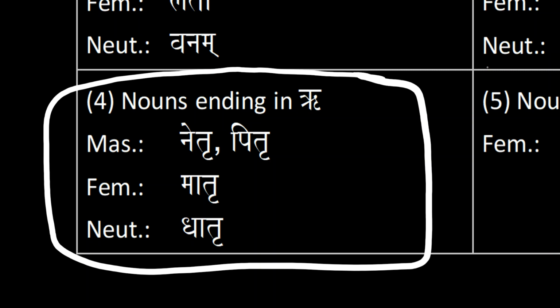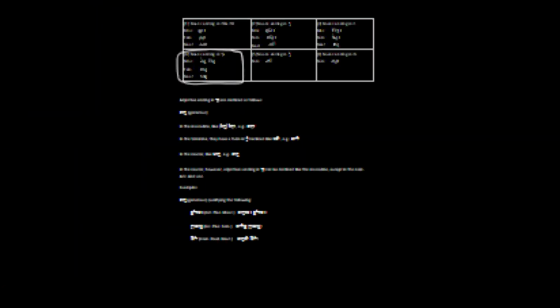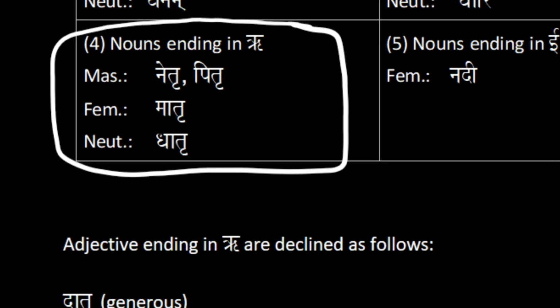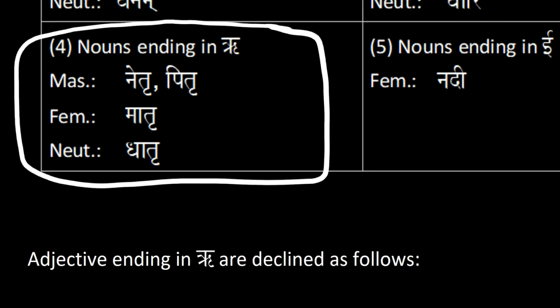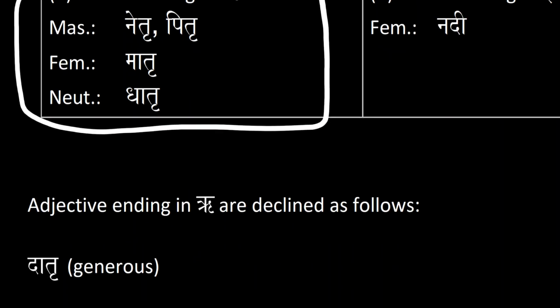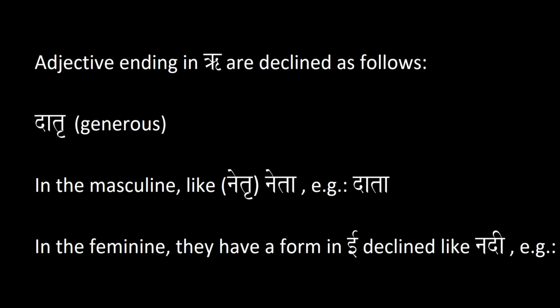One thing about this category is that the declensions are very similar to each other. Sanskrit has a way for adjectives so that you can know the distinction between whether this adjective is for masculine, feminine, or neuter, and you will see how that is done.